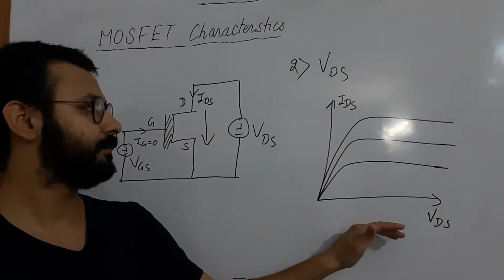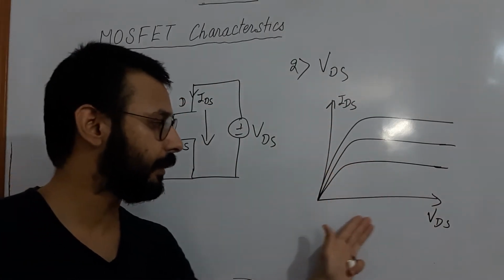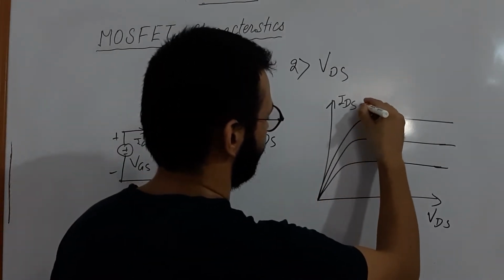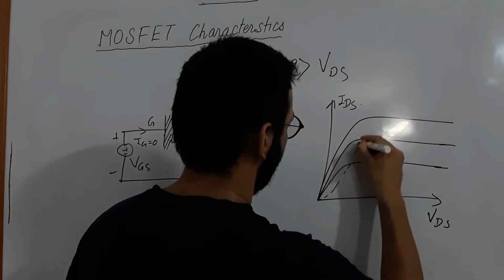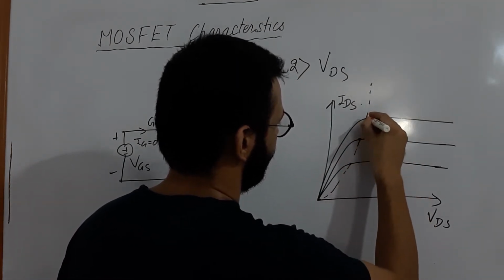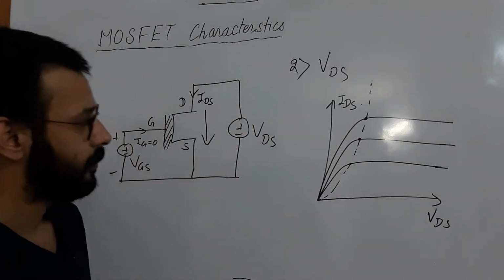This will be the current value for the different set of VDS values.